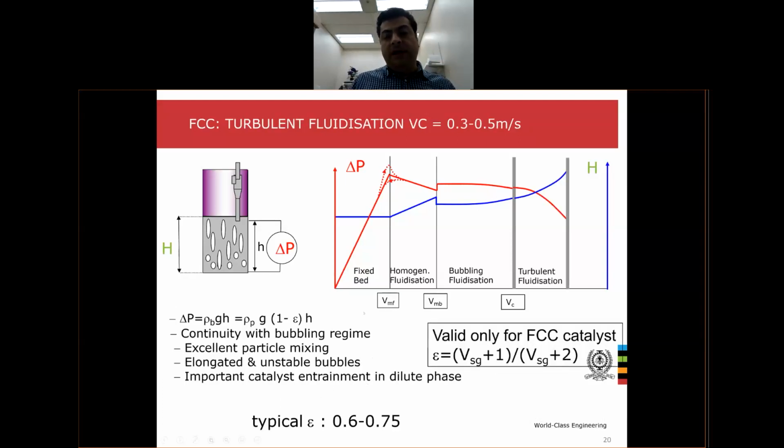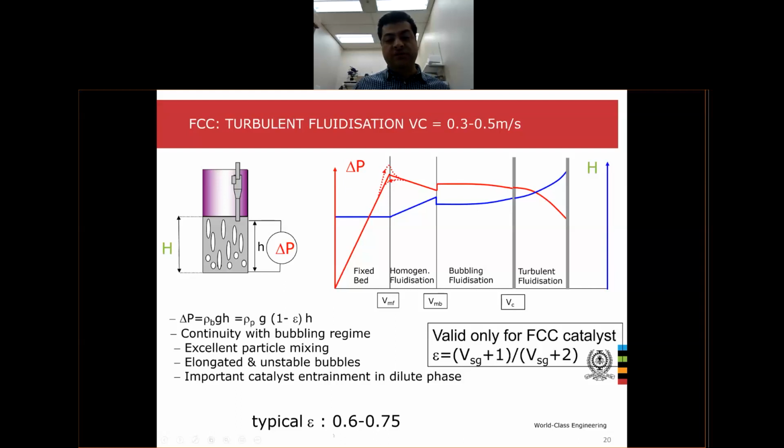Something important is the turbulent velocity (UC). When you reach the turbulent velocity, the bed height starts to drastically increase, but the delta P of the bed starts to drastically decrease. These are the characteristics of bed height and pressure drop in the turbulent regime.